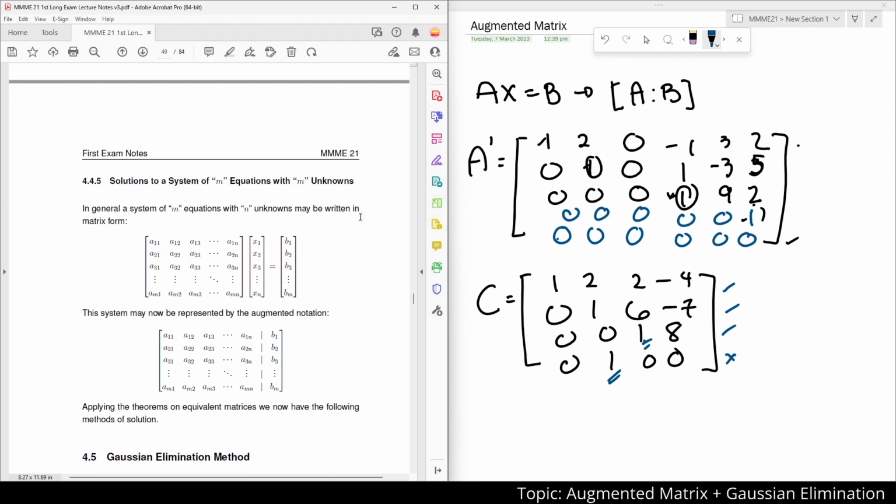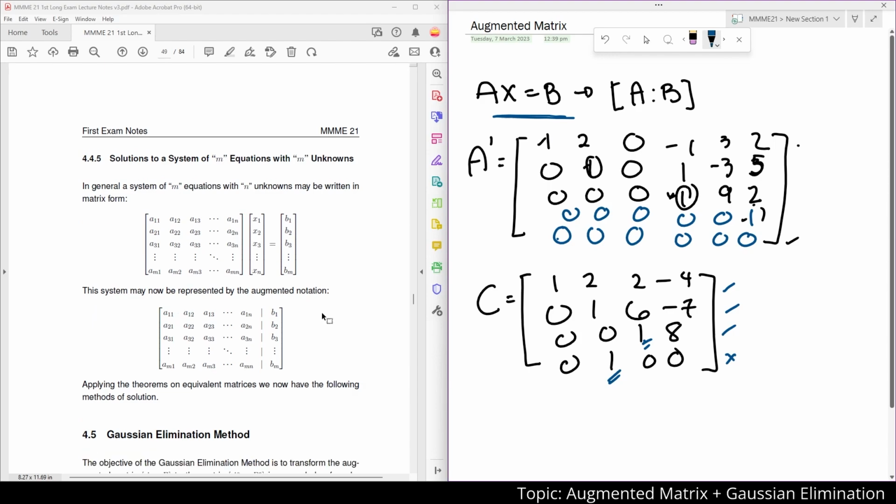So knowing all of these, we can apply this later when we go into our Gaussian elimination. Okay? Kaya nating makasolve ng systems of M equations with M unknowns. So in general, a system of M equations with N unknowns, alam natin we can write it in the AX is equal to B notation.